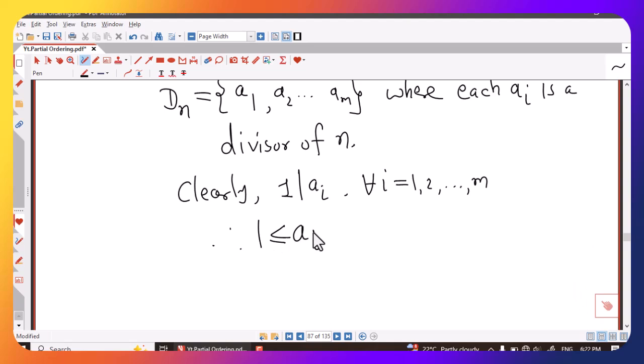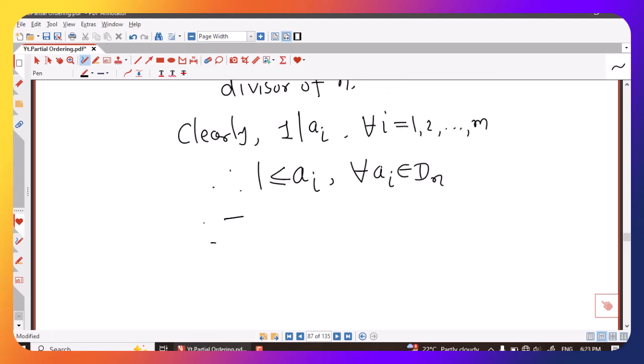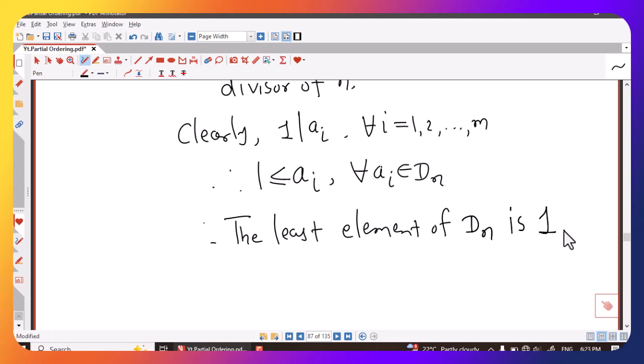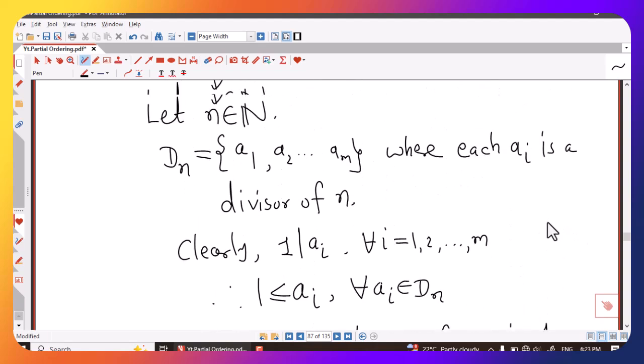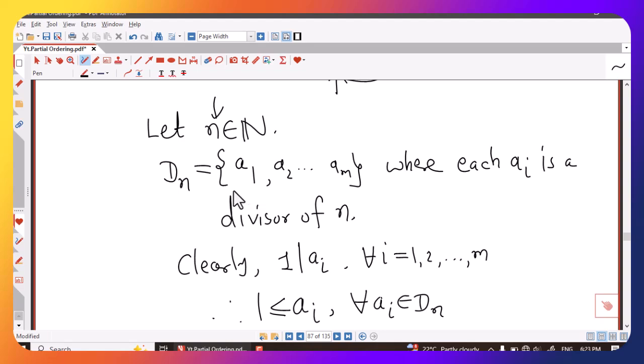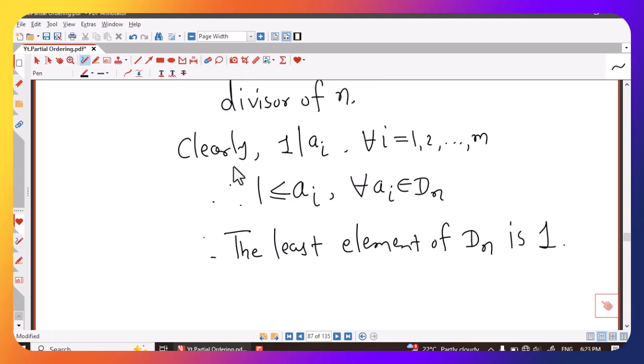I can write that 1 is related to ai for all i equal to 1 to m, or that 1 is related to ai for all ai belonging to Dn. This means that the least element of Dn is 1, and 1 is always a positive divisor of n. Therefore, out of a1, a2, up to am, one element will be equal to 1.